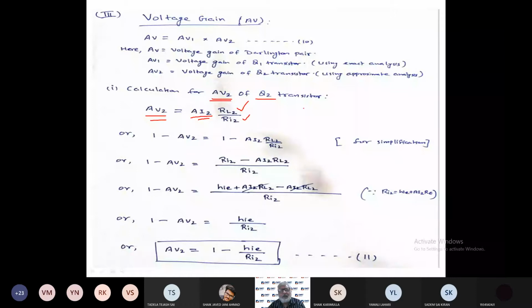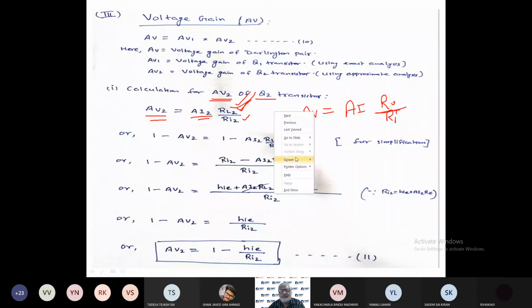This is the formula. If you recall, voltage gain is AI times the load resistance divided by Ri. The same thing here, where the output resistance is RL, whatever the load resistance is.